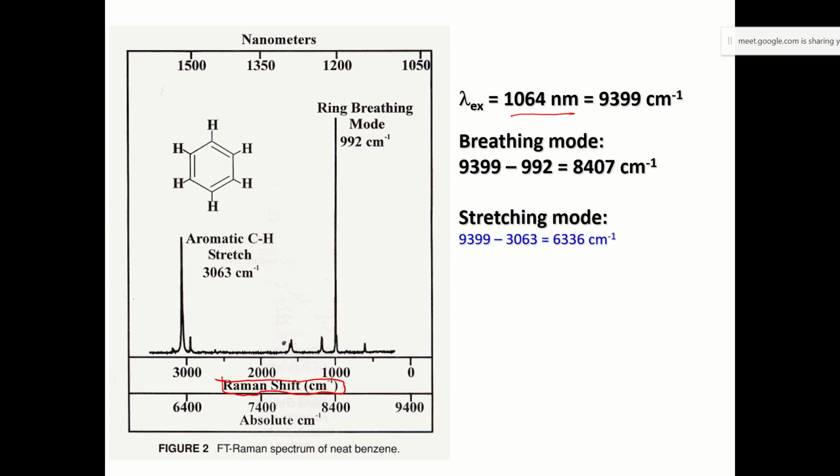So in absolute terms you are taking this laser which is at around 9400 cm inverse. So that is the change. By what amount it has changed, the new photons that are observed have a shift at 8400, this is here, in cm inverse.